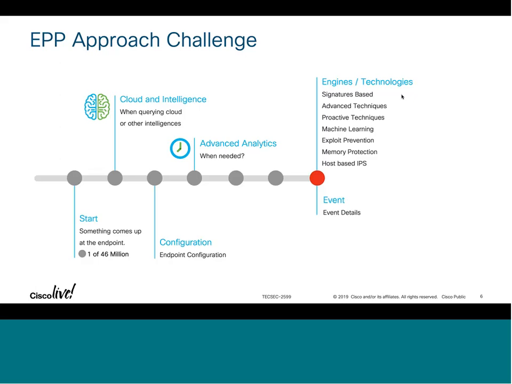The next interesting thing here is that red spot. That red spot here is a threat event, maybe by an endpoint protection engine. You see here some generic endpoint protection engines listed, like exploit prevention, machine learning. Machine learning is a really interesting part. We have great competitors, but we also have competitors with really limited features for machine learning.